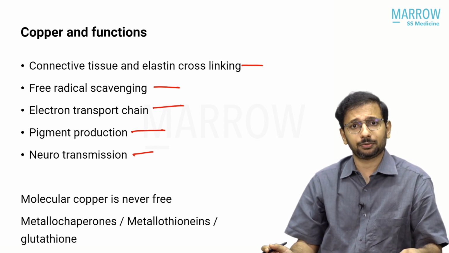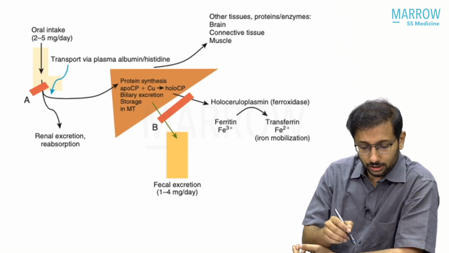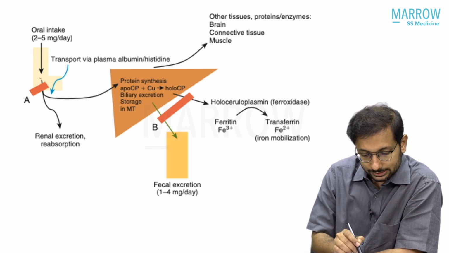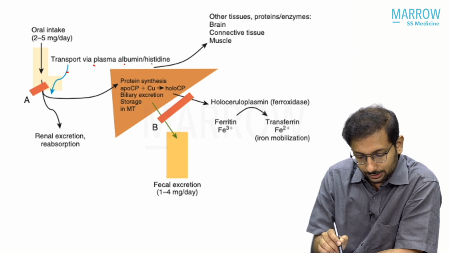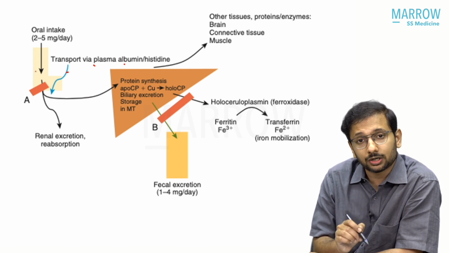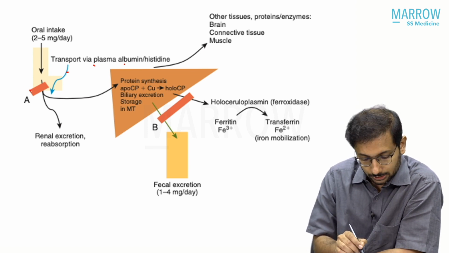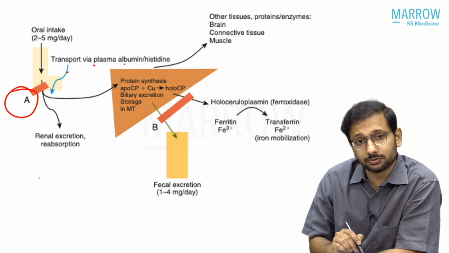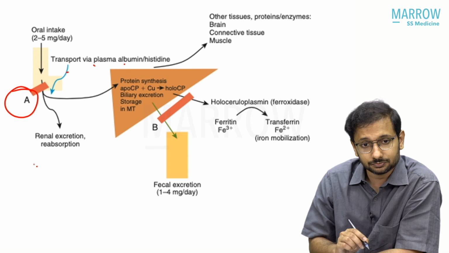So let us just recap what happens. The oral intake of copper is around 2 to 5 milligrams per day. It gets absorbed and transported via plasma, albumin and histidine. When the copper does not get absorbed, you get something called Menkes disease, and thus it is a problem with copper deficiency.